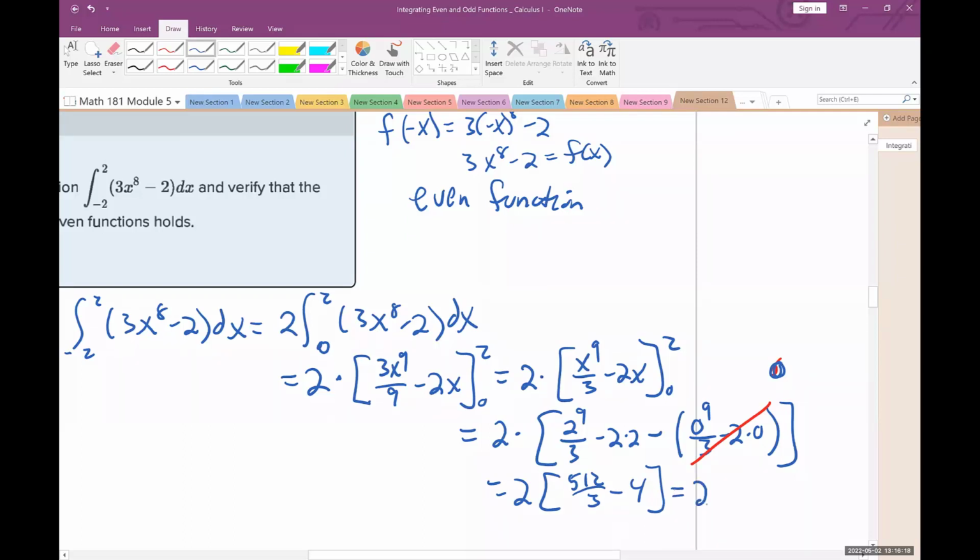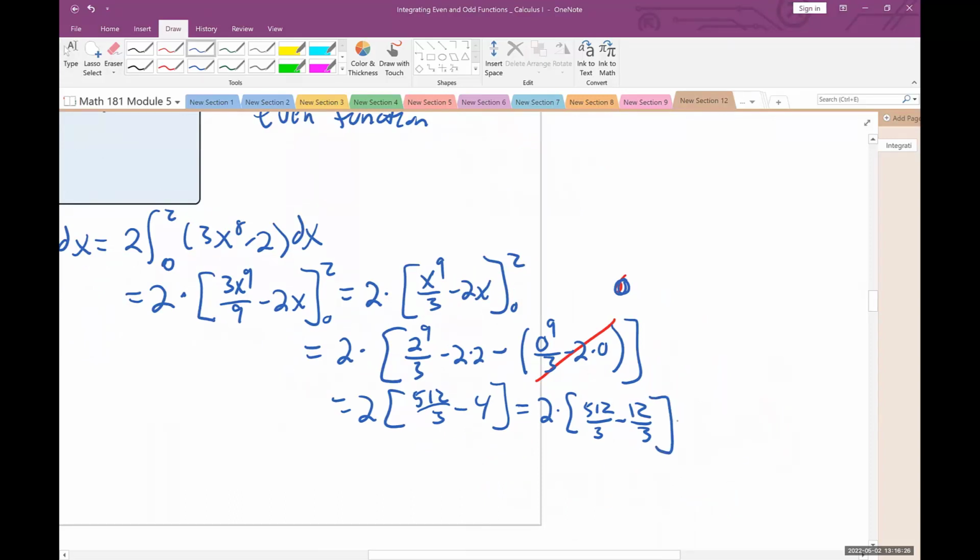So that's going to be 2 times, here we get to play fun with fractions, 512 over 3 minus 12 over 3, because 4 is 12 over 3. So that's 2 times 500 over 3, or 1,000 divided by 3. That's it.